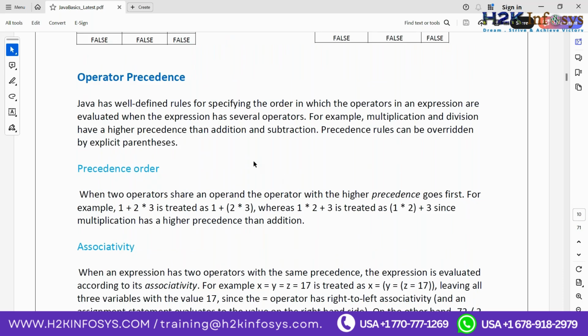Normally everyone knows there is the BODMAS rule: B for bracket, O for of the bracket, and then we have D for division, multiplication, addition, subtraction. So that is the rule.